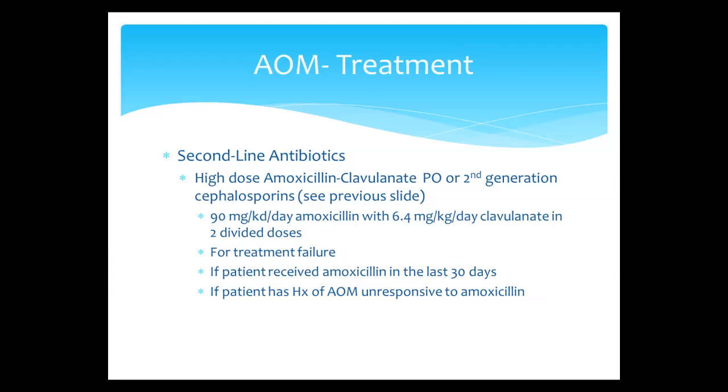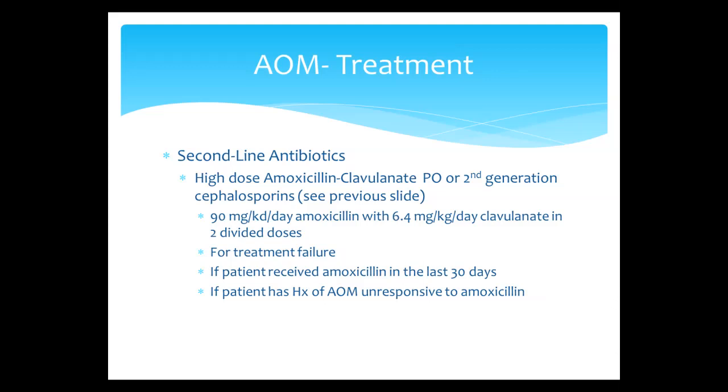Second-line antibiotics. What we're talking about for second-line is a child who may have had their otitis media resolve, but it's been within the last month, or if they're coming back in for follow-up and they haven't had any improvement, or you or the parents know that they're not responsive to amoxicillin.